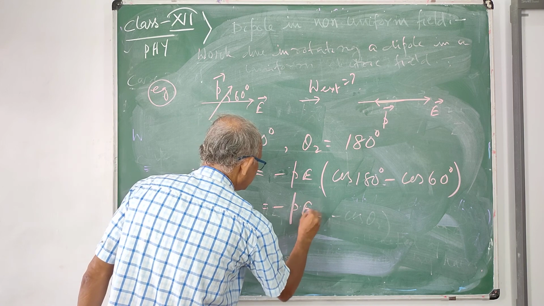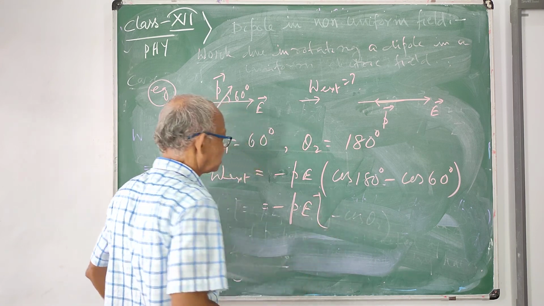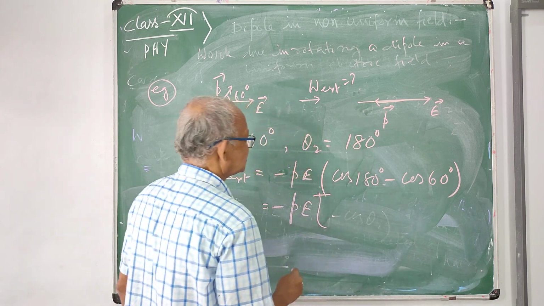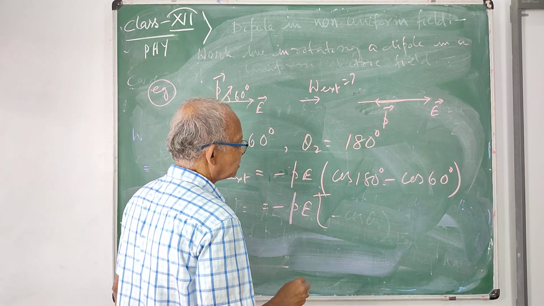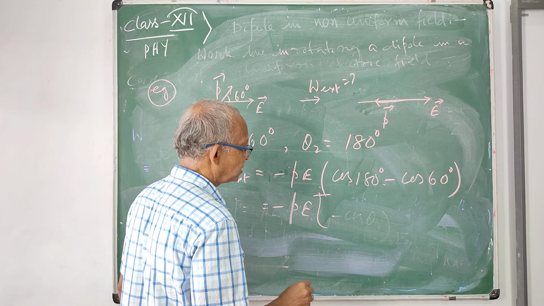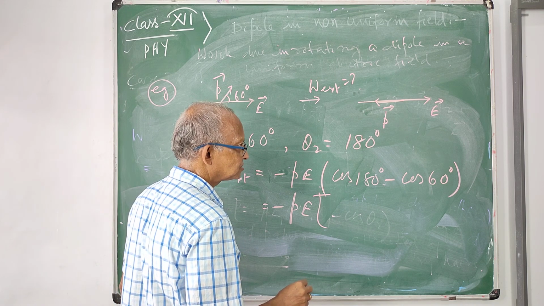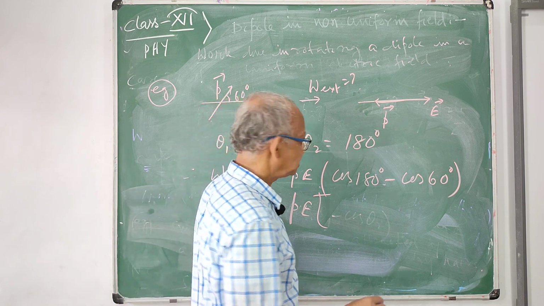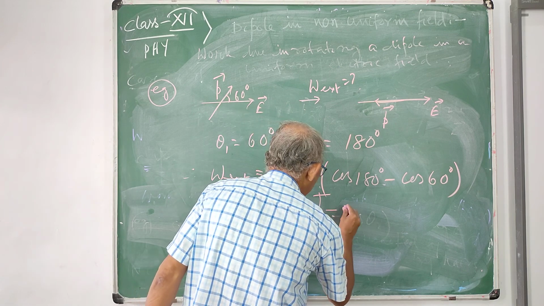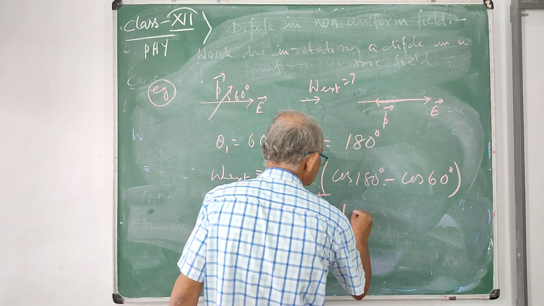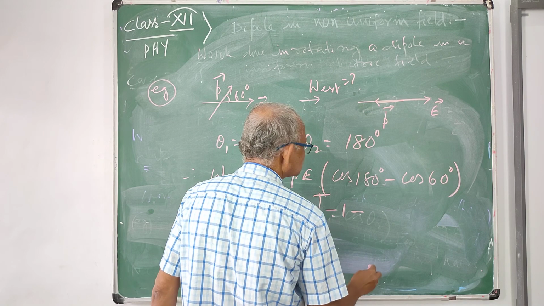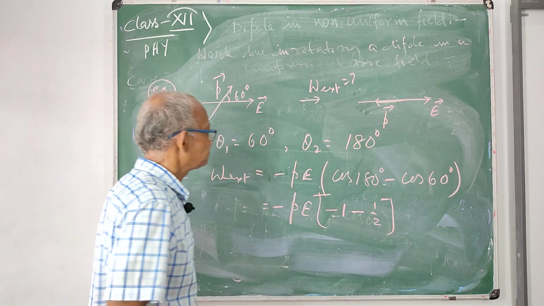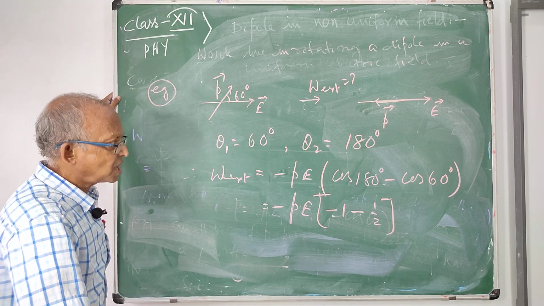So minus P E, then cos 180. Cos 0 is 1, cos 90 is 0, and cos 180 is minus 1. And cos 60 is half.